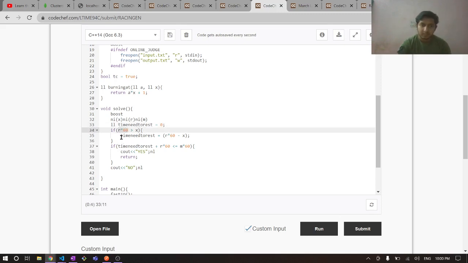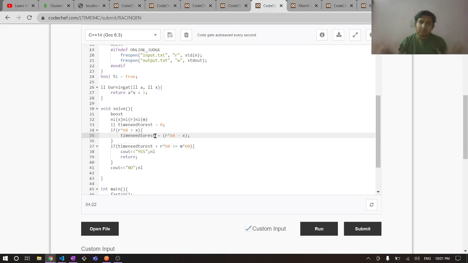Actually, if that is greater than the energy N has initially, then I need some time to rest. Now how much time to take rest? This is the time she has to run, and this is the energy she had already. So for this energy she has to take rest.